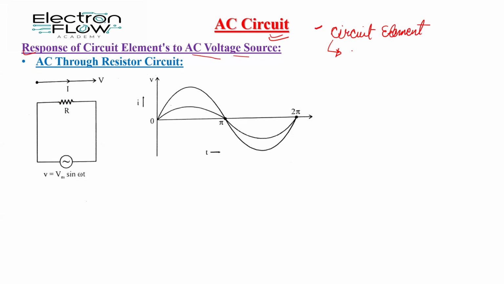The first circuit element is resistive load. Second circuit element is inductive, and last one is the capacitive circuit element. So firstly we are going to discuss about the resistor circuit. Okay, so we are going to discuss here what will be the response of the resistor element in the case of the AC voltage source.